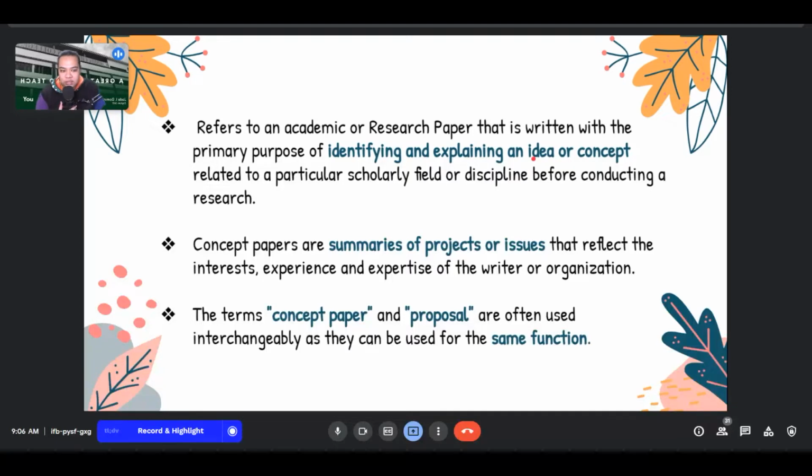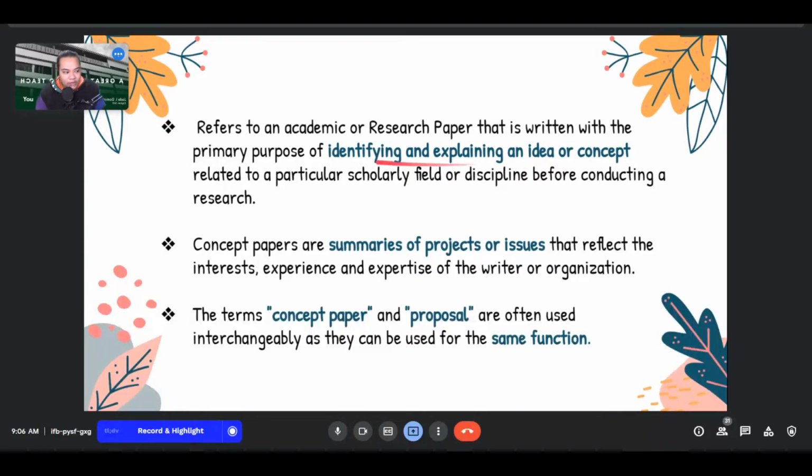This is usually used here in school. Particularly, we use the concept paper as sort of the first three chapters of a certain research. This is when we have the introduction, the rationale, and different parts of the concept paper wherein we identify and explain a certain concept or idea that is worth researching.